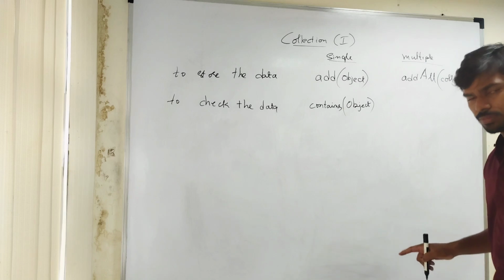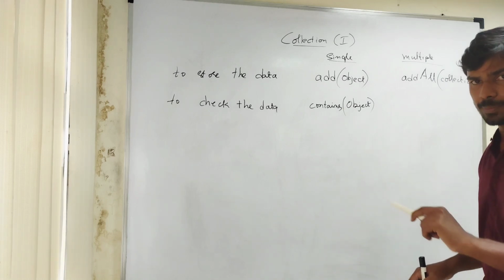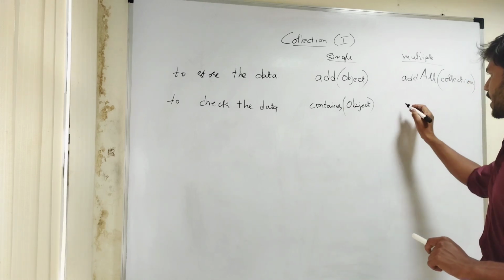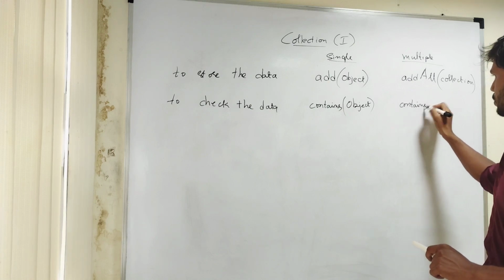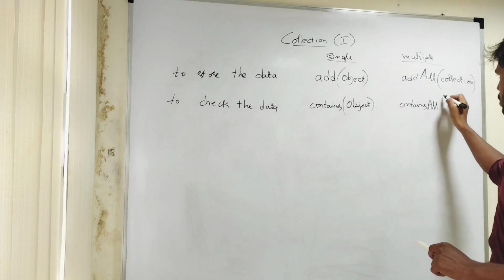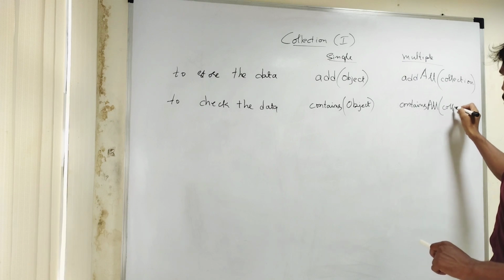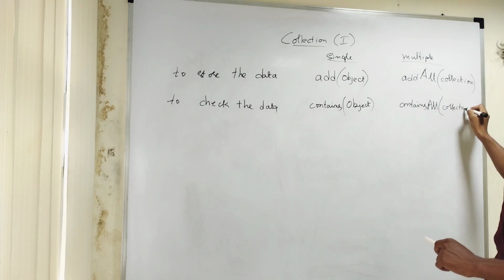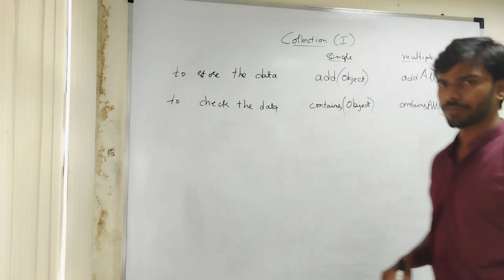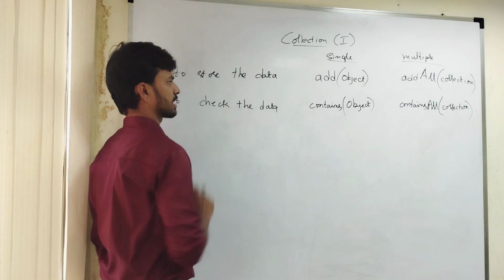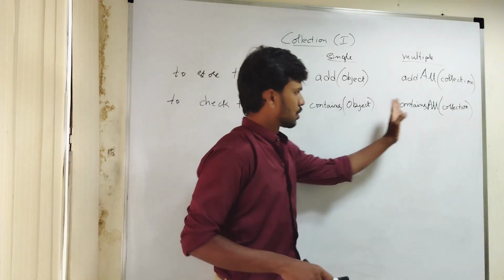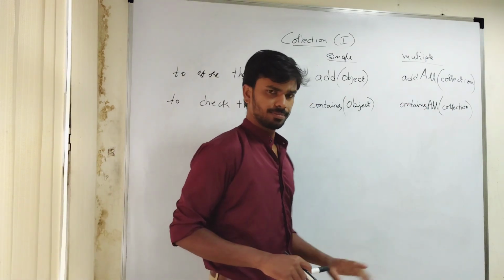At the same time, to check multiple objects, we have containsAll, where we have to pass the collection of objects together. To check the data, we have contains as well as containsAll.